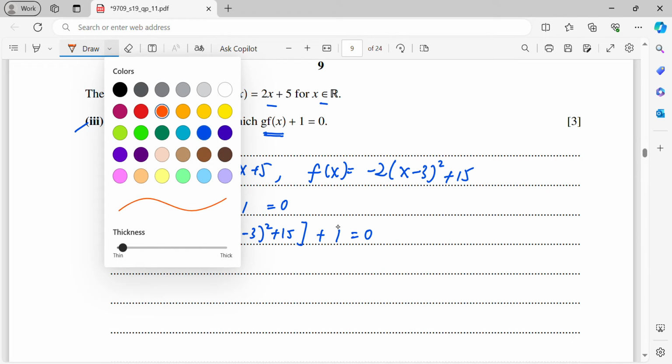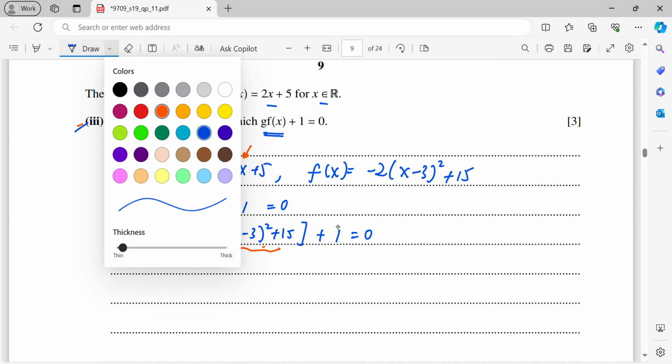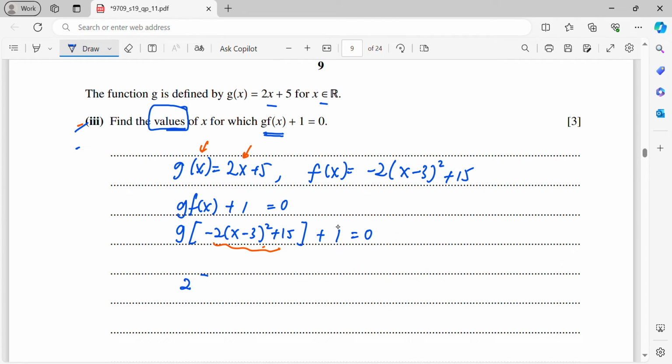Then plus 1 equals 0. Now, when you compare g(x) with all this, that means your x in the g(x) must be replaced by all these terms inside the square bracket. So I will be getting 2 times the terms inside the bracket. That is my new x, and then followed by plus 5. And then plus 1 equals 0. And now you need to find the x values.